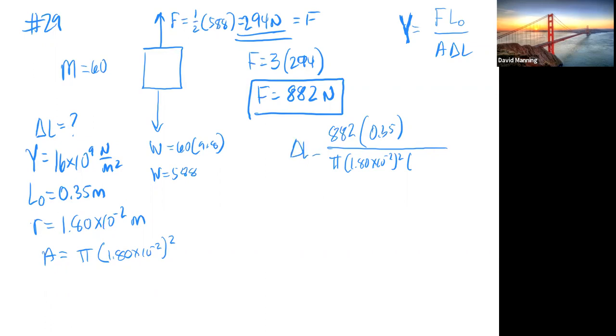So this is delta L, and then Y, I'll go down here, 16 times 10 to the 9th. I got 1.89 times 10 to the minus fifth meters.